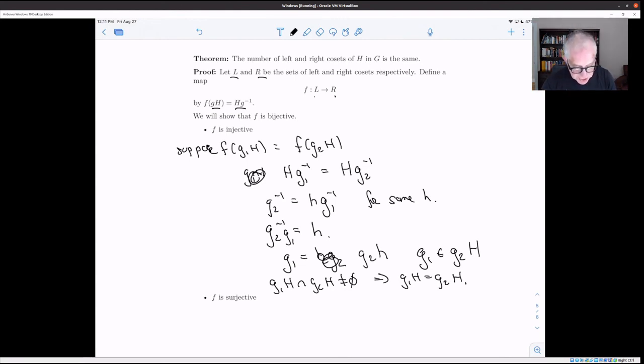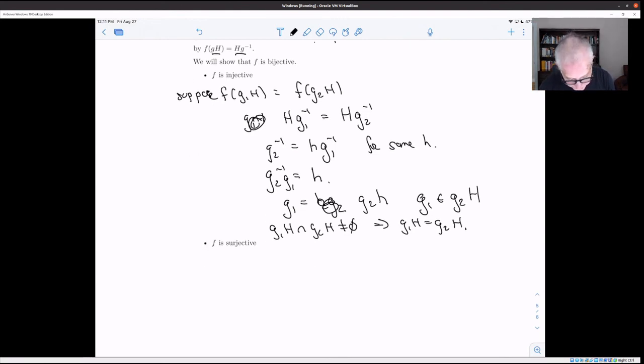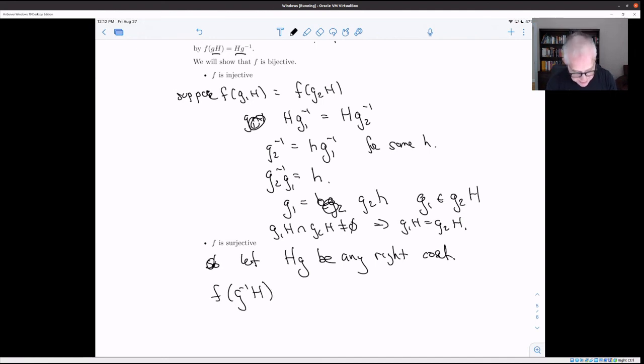To prove that it's surjective, let's let Hg be any right coset. And then we have that f of g inverse H, which is a left coset, is by definition Hg.